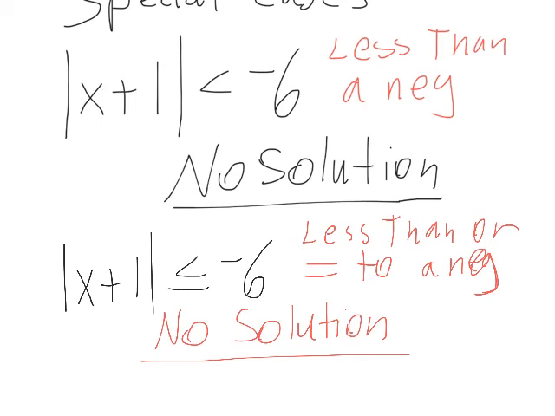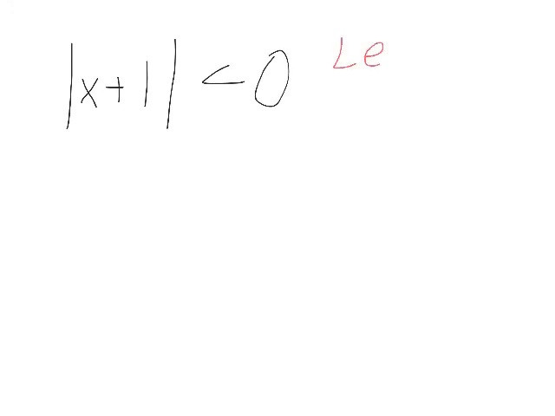Now, that will be different when it's greater than, and I'll address that in the next video. Now let's talk about what happens if it's 0 instead of a negative value. Just go ahead and pick up another page. This will be our with 0 special cases. So let's say I've got something like the absolute value of x plus 1 is less than 0.